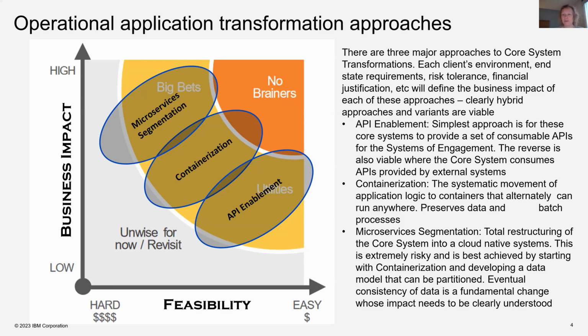And you may wonder why this is all important to you when you have database focus. Every single one of those application transformation approaches has an impact on your data architecture. And just talking about microservices segmentation, it requires a different database design, which is highly segmented, and it implies that the data is eventually consistent, not what we are used to in Z environments.